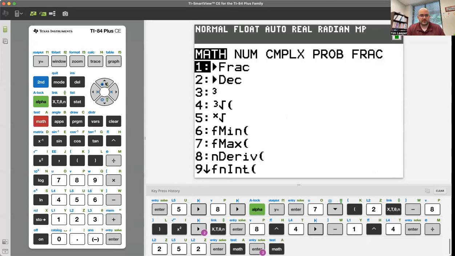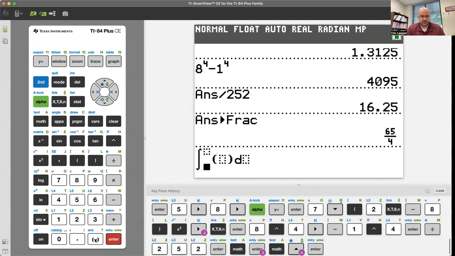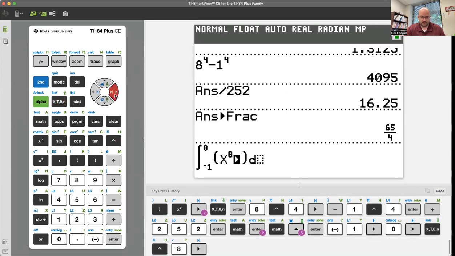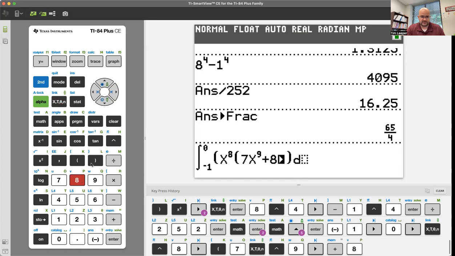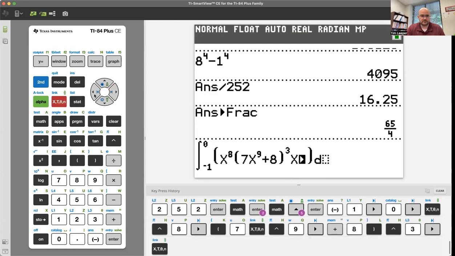Good. Now to check ourselves, the integral from -1 to 0 of x to the 8th power, and then parentheses 7x to the 9th power plus 8, close parentheses, cubed dx.